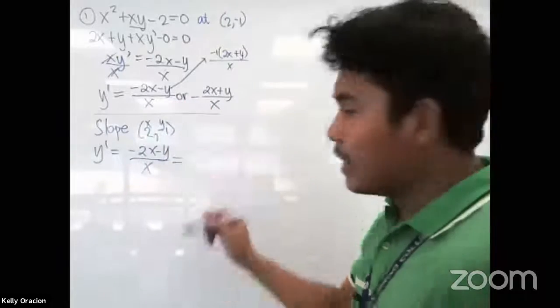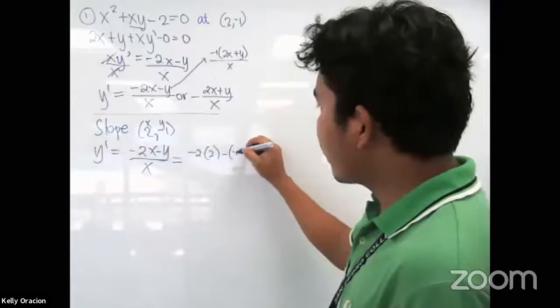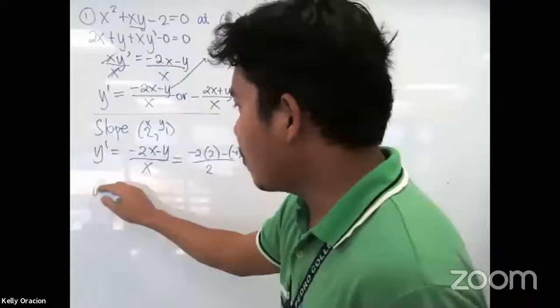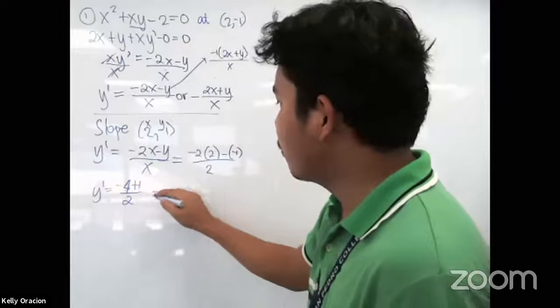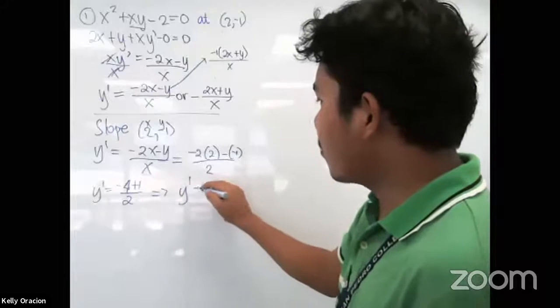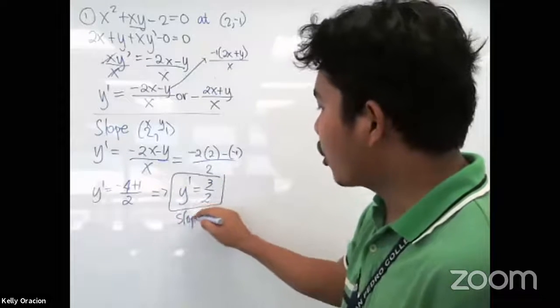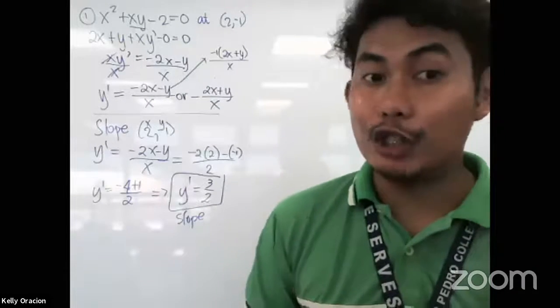This is x and y. So negative 2 times 2 minus negative 1 over 2. So y prime is equal to negative 4 plus 1 over 2. Y prime is 3 halves. This 3 halves is your slope.